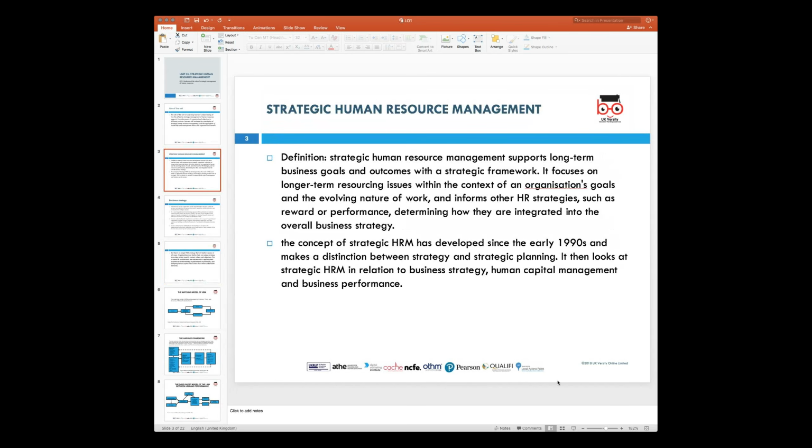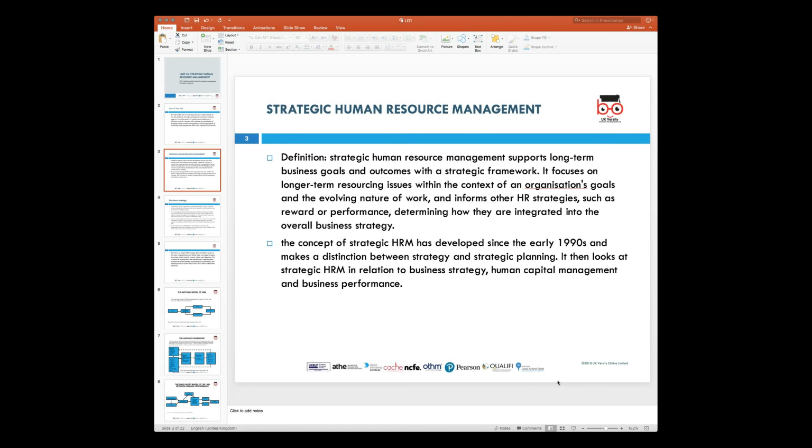Now, if I go back to the definition of strategic HRM, what we can clearly say is that SHRM as a function basically looks at supporting the long-term business goals of the organization, and it marries the function of the human resources into that strategic framework, so that the organization is able to achieve the objectives.